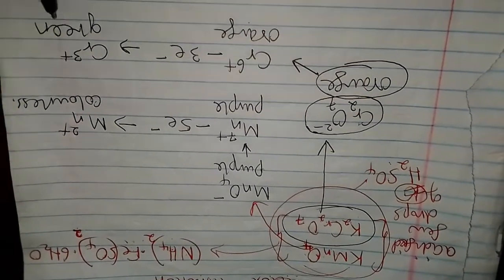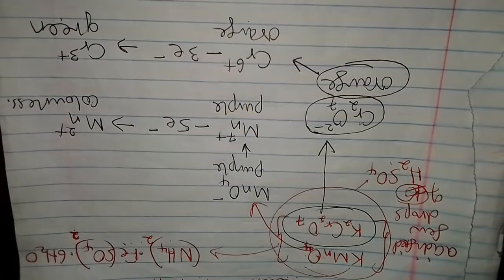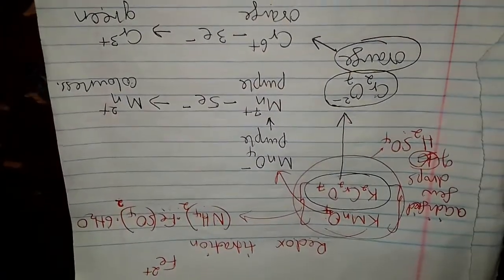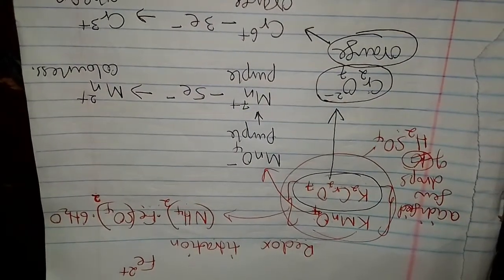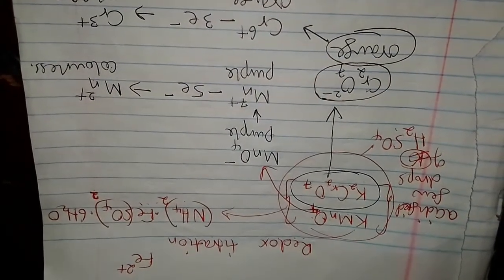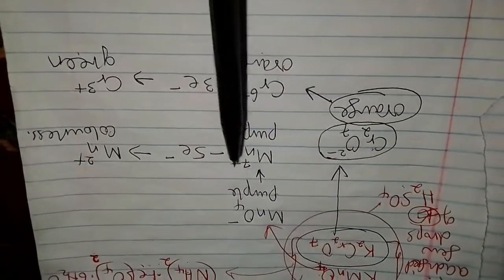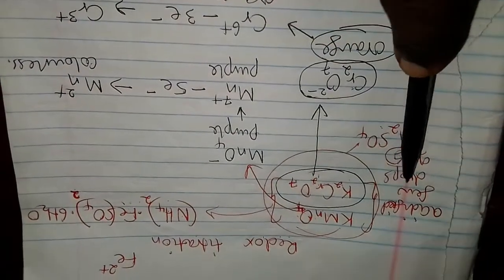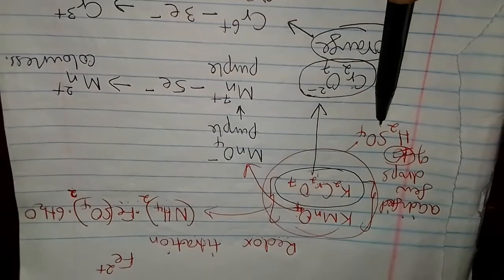The change from orange to green means that you don't use any indicator in as far as this titration process is concerned. So they'll ask you in the examination, why in redox titration is no commercial indicator, no universal indicator used, like phenolphthalein or methyl orange? It's because when the oxidizing agents are used and they have been well acidified by adding a few drops of an acid like sulfuric acid, they just end up changing in color.